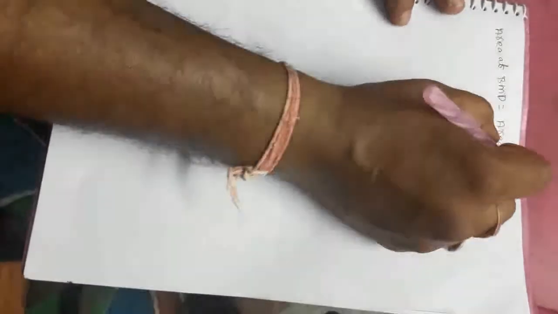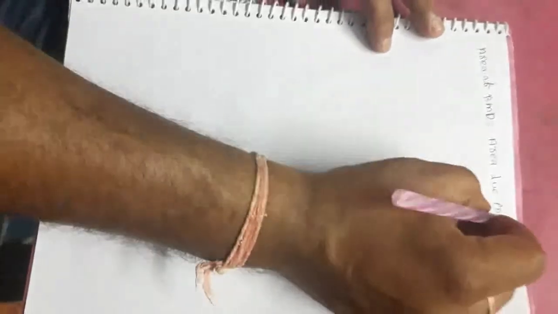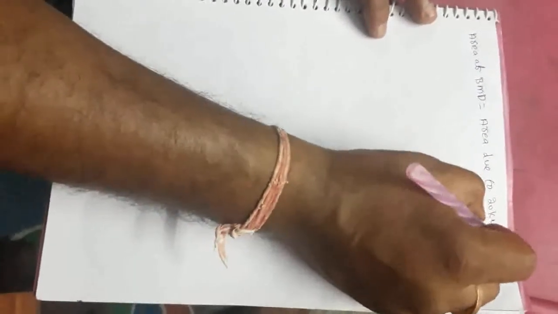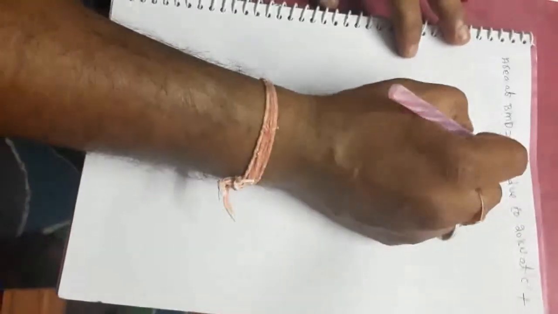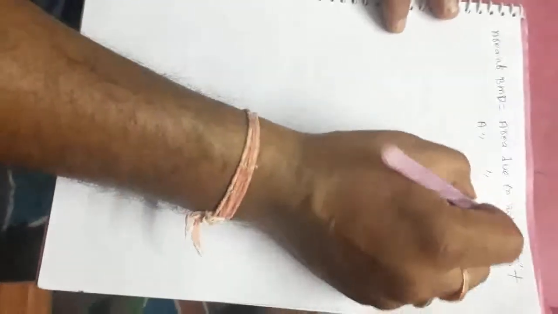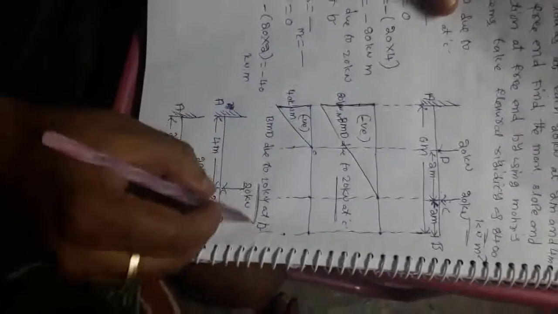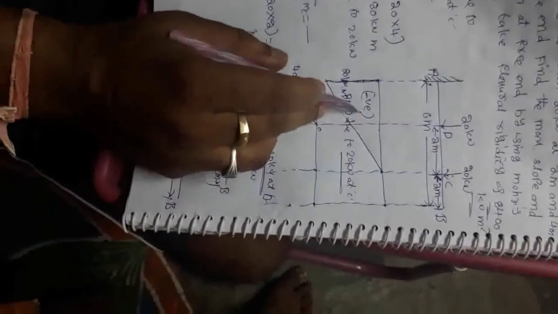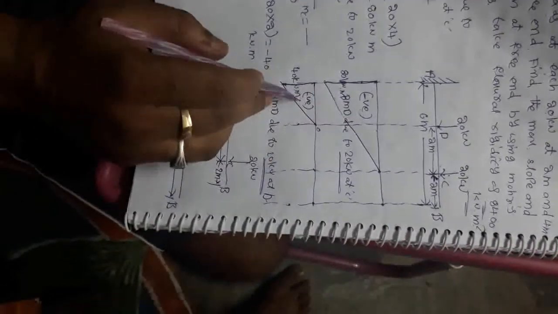So the area of BMD is equal to the area due to 20 kilonewtons at C plus the area due to 20 kilonewtons at D. So this is 20 kilonewtons at C, and this is 20 kilonewtons at D. This diagram looks like a triangle, and this diagram looks like a triangle.